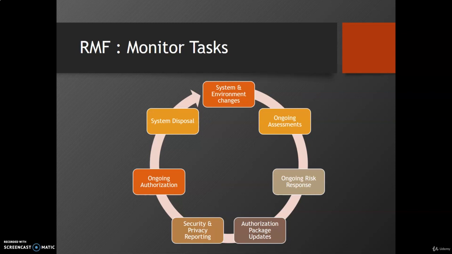The authorizing official determines the appropriate risk response to the assessment findings or approves response proposals by the system owner and common control providers. The system owner and common control providers then implement the appropriate risk response.